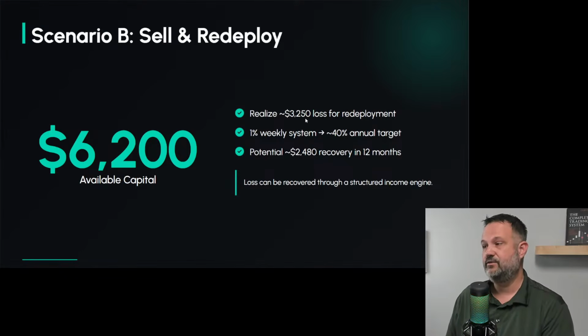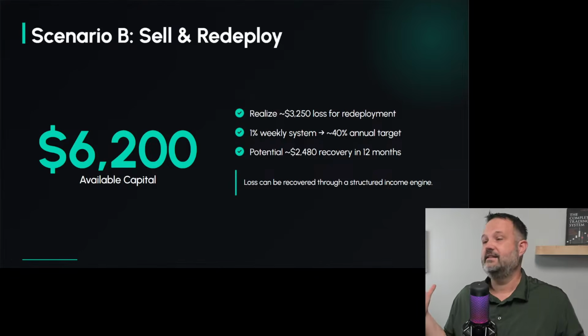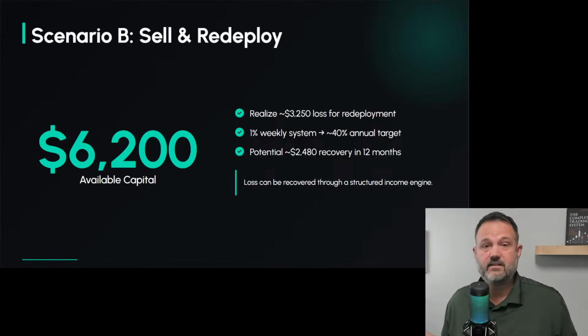So if we lose this, what can happen? Well, number one, it's a loss of $3,250, but that's not good. But let's put it in perspective. We've already generated $2,500 in cash on it. So we're losing $3,200, but we already generated $2,500.